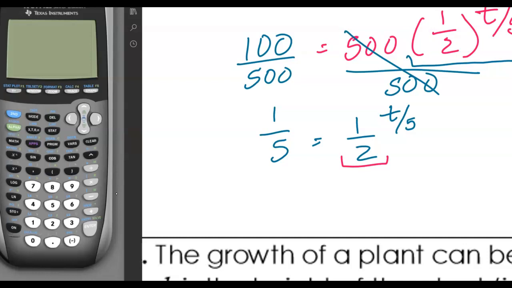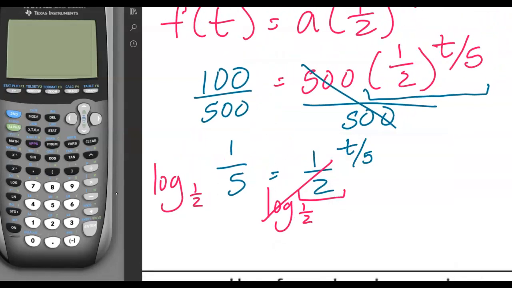So, I need to take log base 1/2 on both sides to get rid of that base number, to get the t out of the exponent. Because log base 1/2 of 1/2 cancels to 1. They're opposite operations.